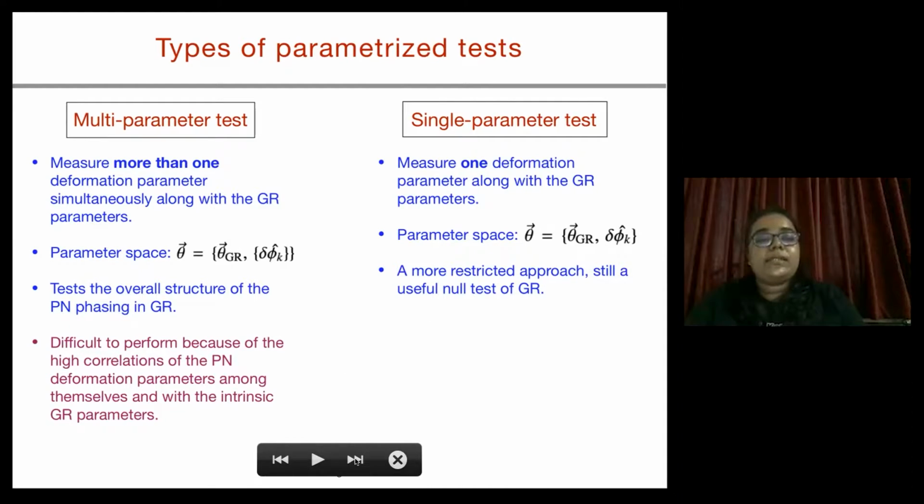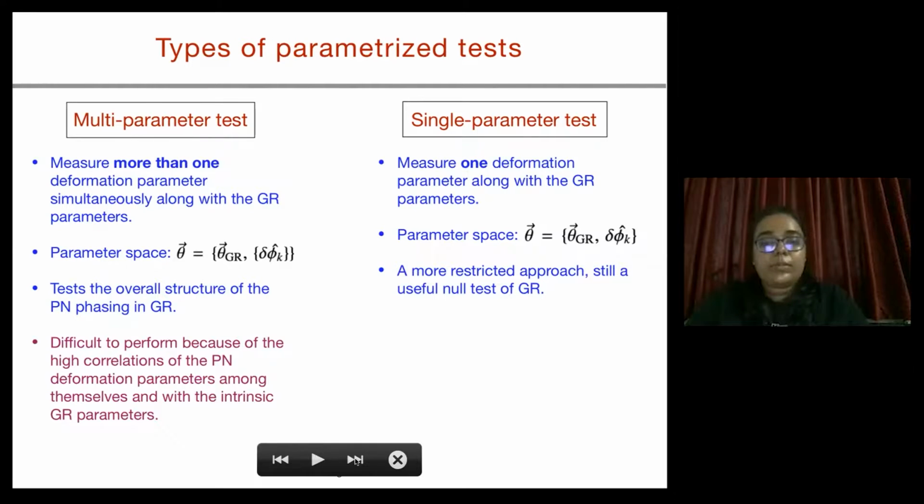In that case, your parameter space will have all the GR parameters, which are mass, spins, inclination angle and so on, and a multiple number of deformation parameters, which can vary from 2 to 8, which is what is accommodated by a phasing correct up to 3.5 PN order.